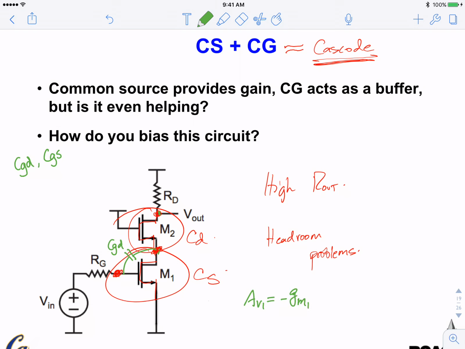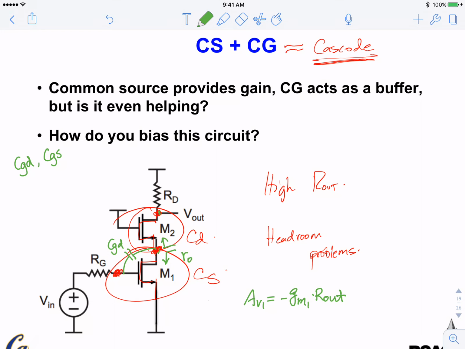We need to keep track of whose GM that is: GM of transistor 1, GM1, times the total output Rout. And what is Rout? Rout is here. You look down, what do you see? R0. And then you look up, you see 1 over GM.